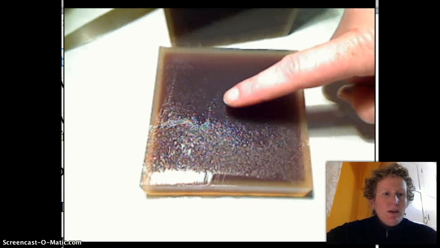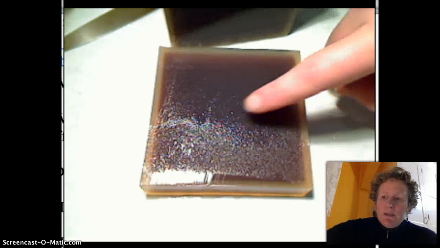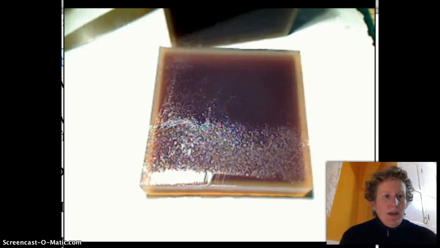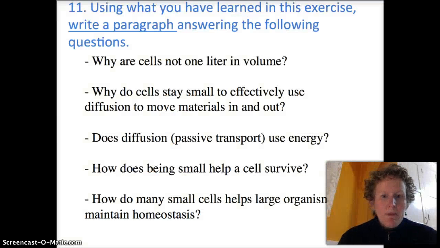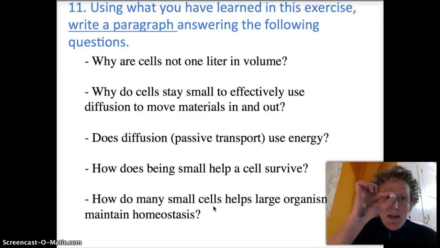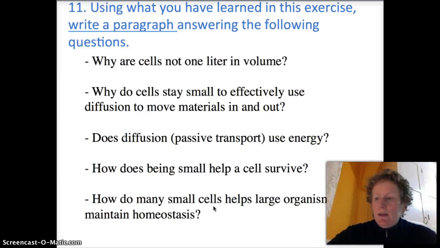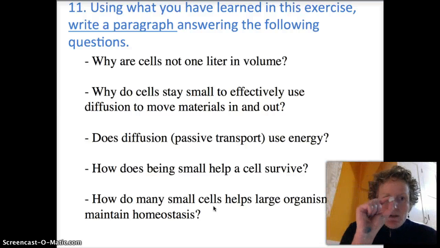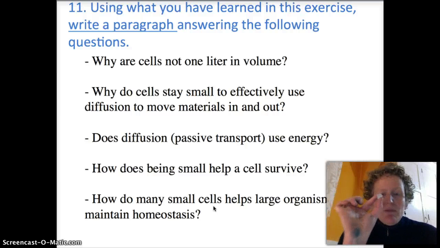It's going to have to use energy to move things in and out of the middle of the cell, and so cells stay small to be efficient. The most efficient thing that an organism can do is have many small cells that can diffuse really quickly, like this little tiny cell. And all of those cells can diffuse things across the cell membrane and into the middle of the cell quickly and be very efficient.